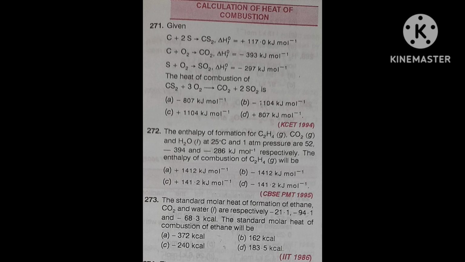Three equations are given. C plus 2S gives CS2, and standard delta HF is equal to plus 117.0 kilojoule per mole. Actually, questions are based on chemical thermodynamics.